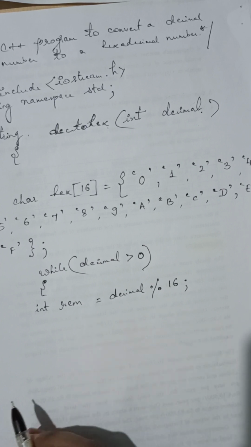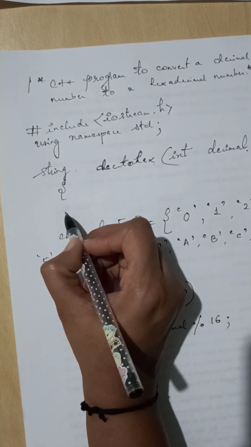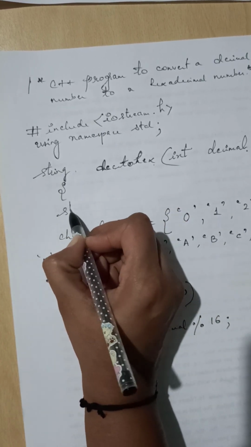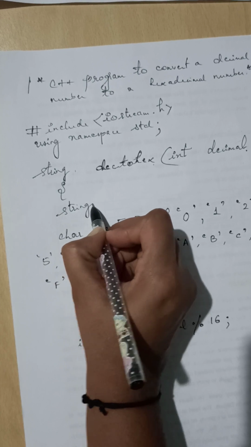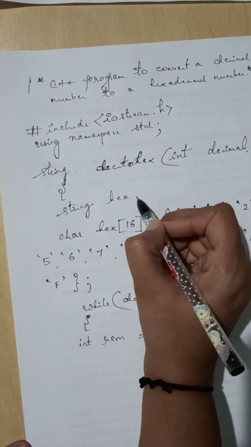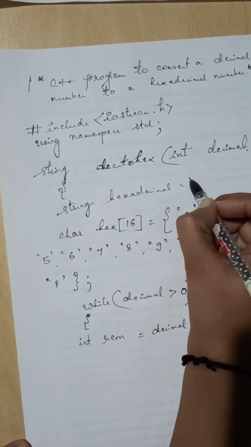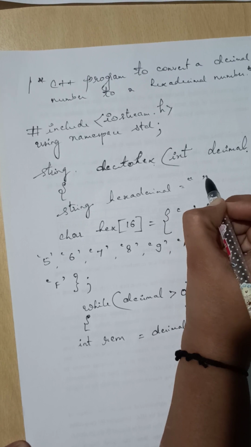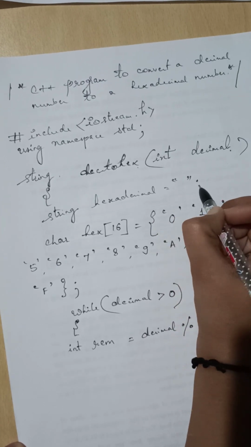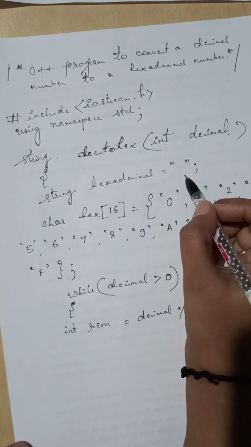So I will declare here a hexadecimal variable, which is of string data type, and I will initialize it with a single space, which becomes convenient for concatenation of all the remainders.